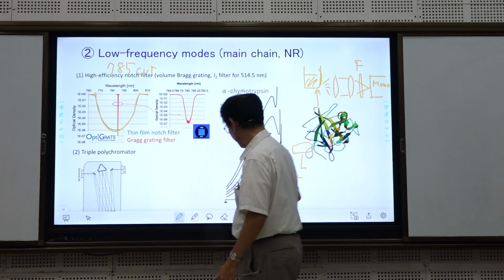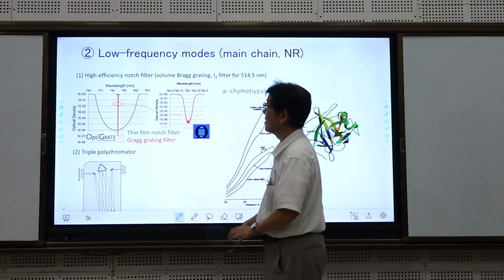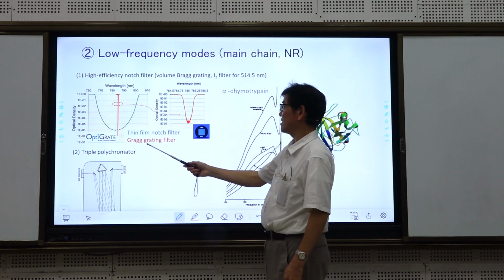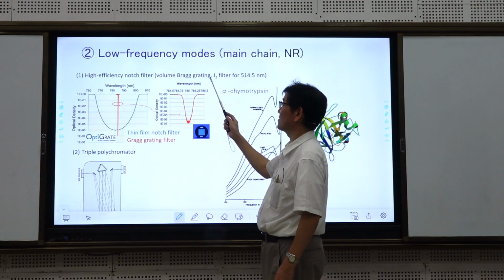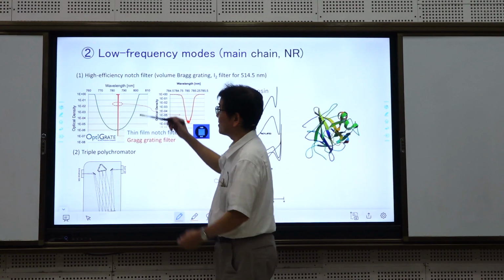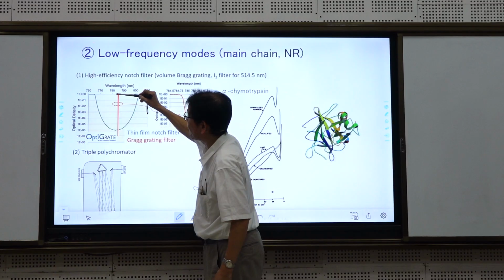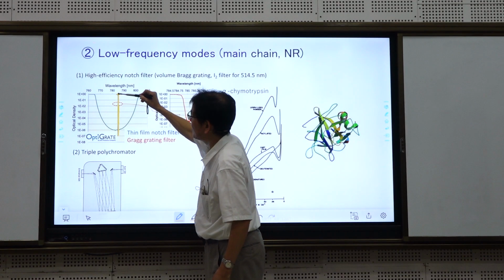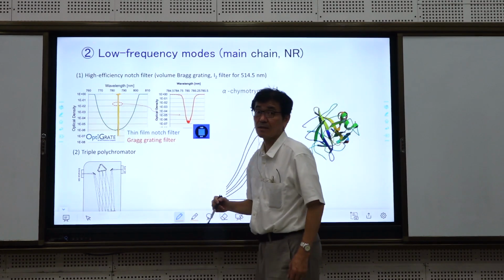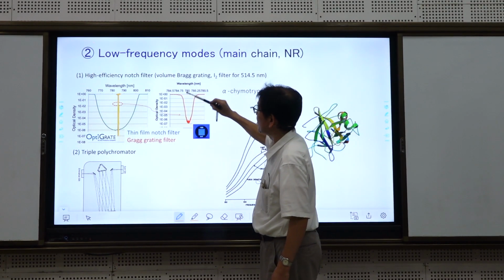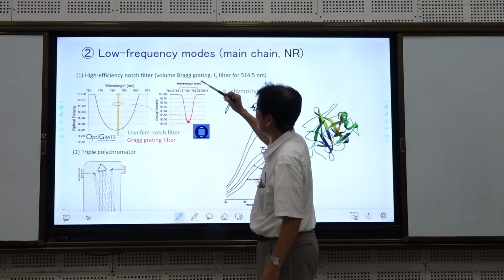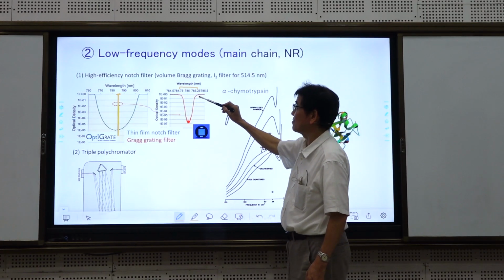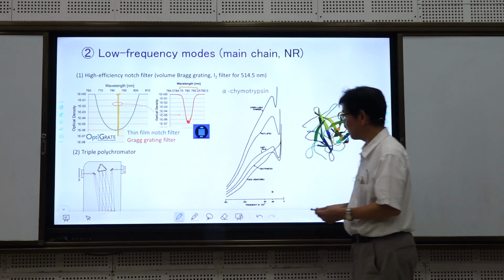Okay, not sharp. When we purchase a nice filter, a so-called volume Bragg grating, then only 785 nanometer is cut. So the width is very narrow, plus minus 0.25 nanometer.